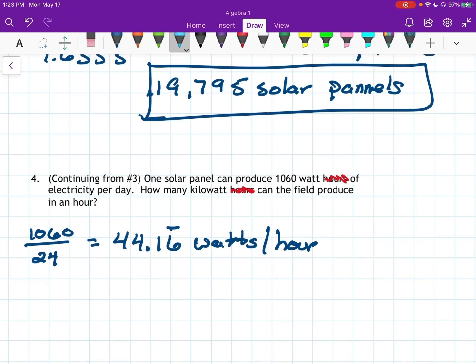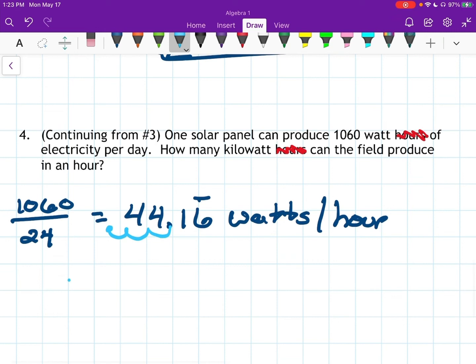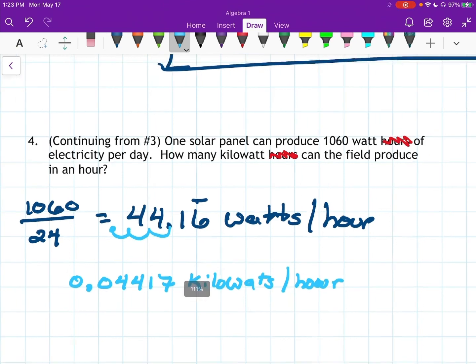And one of the ways that we can convert watts to kilowatts, this is a metric conversion really easily, is to move the decimal spot 3 spots. So this turns it into 0.04416. Well, let's turn this into a 17. There we are. And this is kilowatts per hour.